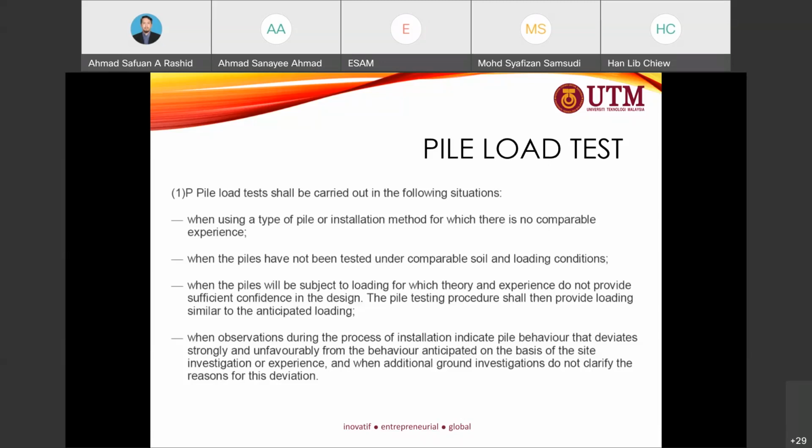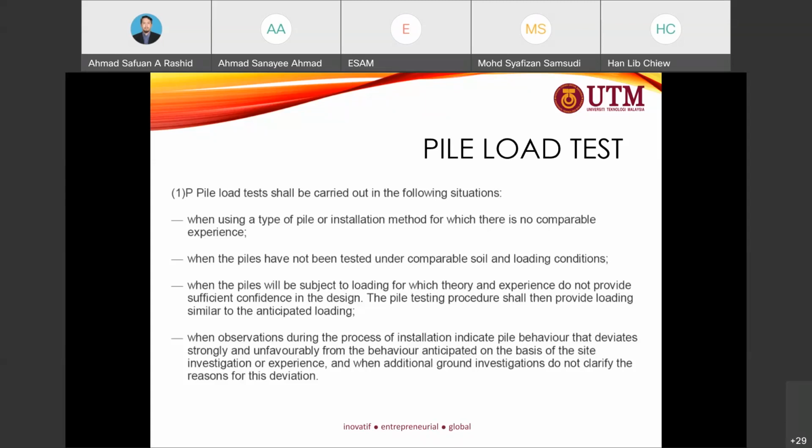In my experience, I have seen the procedure for the PDA, pile dynamic analysis, and also for the maintained load test. Definitely the cost for the maintained load test is very expensive, it can reach up to 300,000 per one test, so it is very costly if we want to have a lot of maintained load tests compared to the PDA.